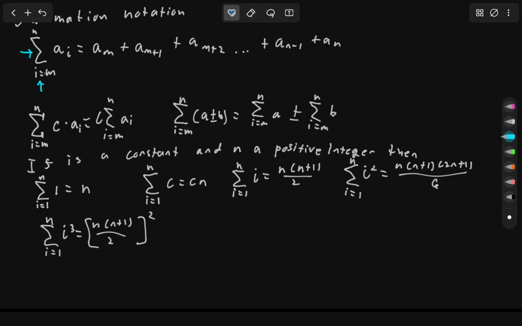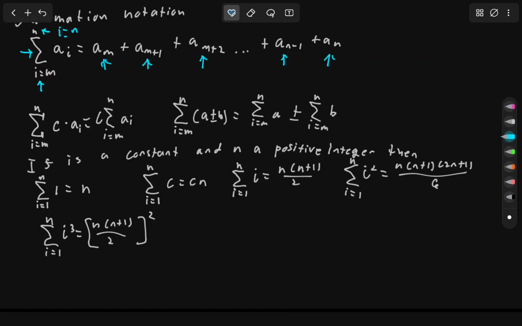You'll notice that it says i is equal to m. So whatever i is equal to, that's going to be where you start. And then this n means that we're going to stop when i is equal to n. So if I'm saying that I'm adding the sum of a of i, we're going to be adding a of m plus a of m plus 1 plus a of m plus 2, all the way until we reach a of n minus 1 and then a of n.